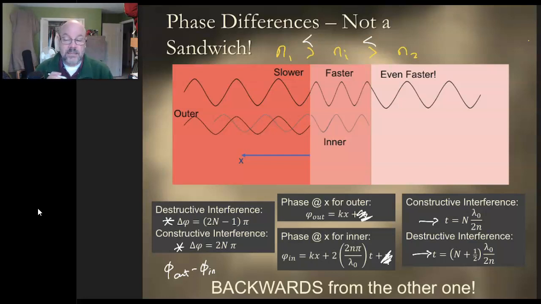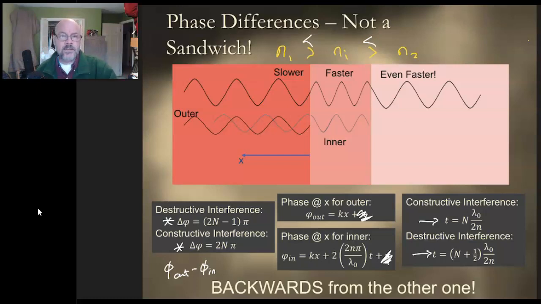The same thickness, instead of giving you destructive interference, is going to give you constructive interference, and vice versa. So this is a little bit of a tricky element, because we've got the same two equations, but they represent opposite things.